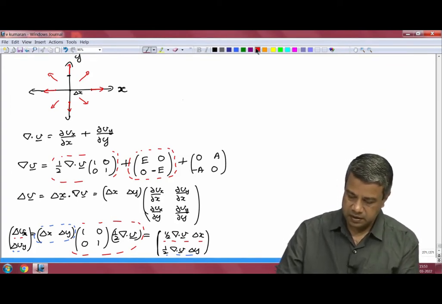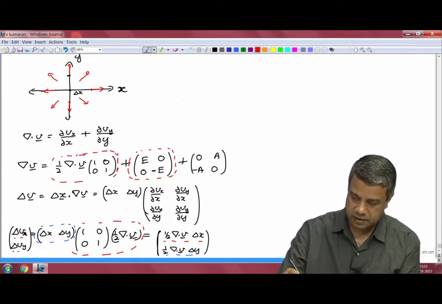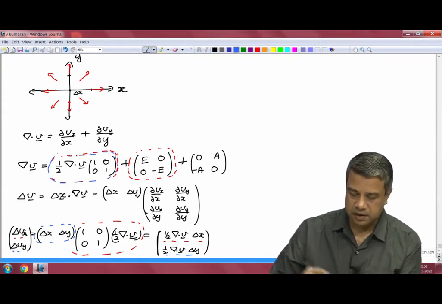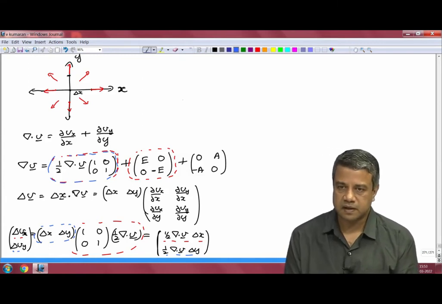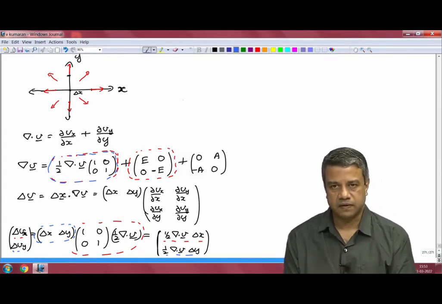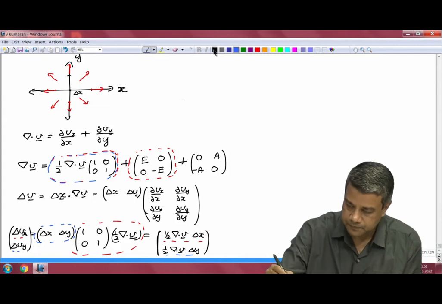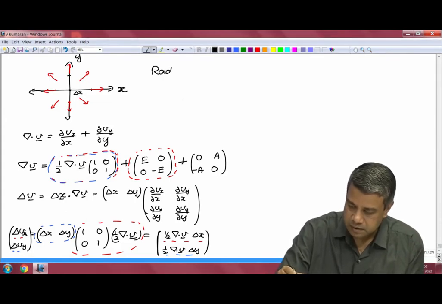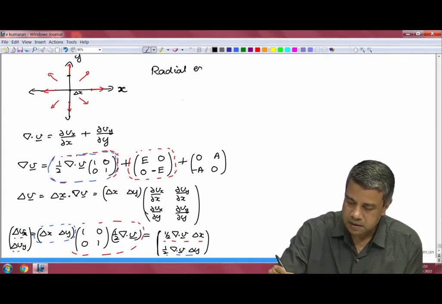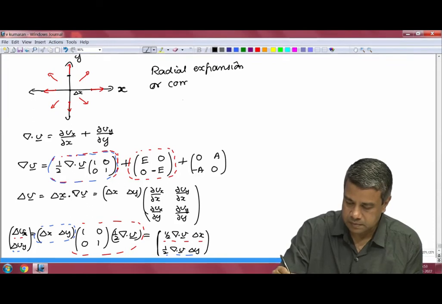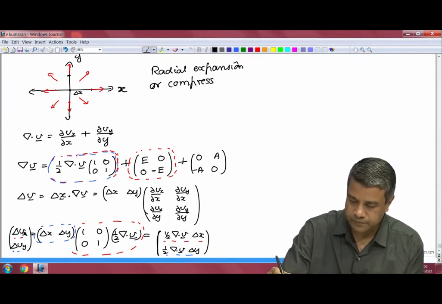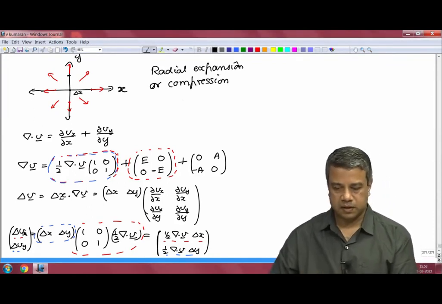This first part of the velocity field that I have shown here represents radially outward flow if del dot V is positive and radially inward flow if del dot V is negative. So, this is radial expansion or compression from a point.